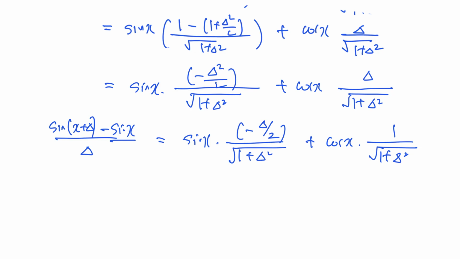So what happens if you set delta equal to 0? The first term, when you set delta equal to 0, goes to 0, right? This term. And all these terms survive. So this becomes cosine x.